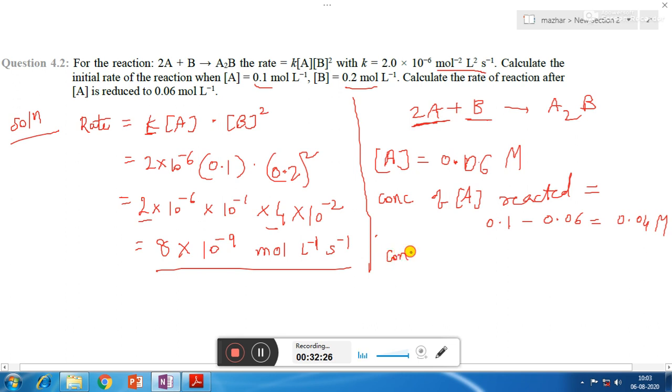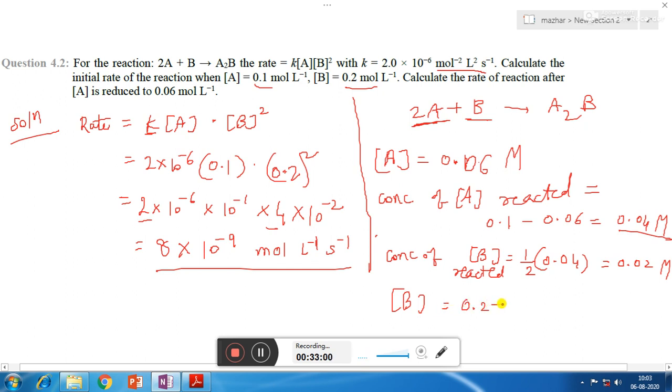So the concentration of B reacted is always half of the concentration of A. Initially the concentration of B was 0.2. Out of that the reacted amount will be half of 0.04, which is 0.02 molar. So what will be the new concentration of B? Initially it was 0.2 and the amount reacted is 0.02. So the concentration of B remaining is 0.18 molar.